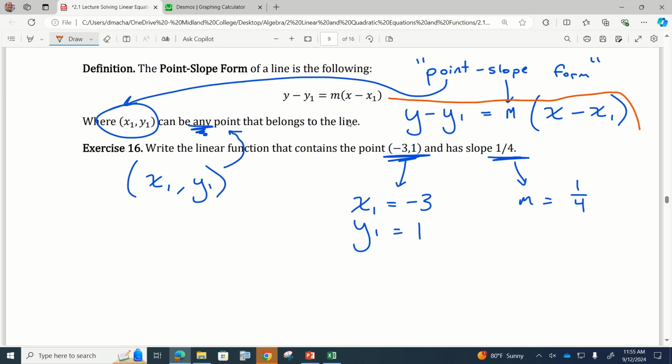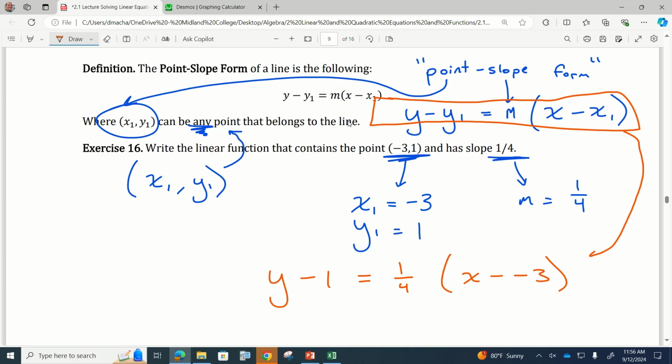This might just be something you have to memorize for test number 2. The thing to memorize is you write y minus y1 equals m times x minus x1. If you're looking at exercise 16, we just wrote a linear function that contains the point and that has a slope.